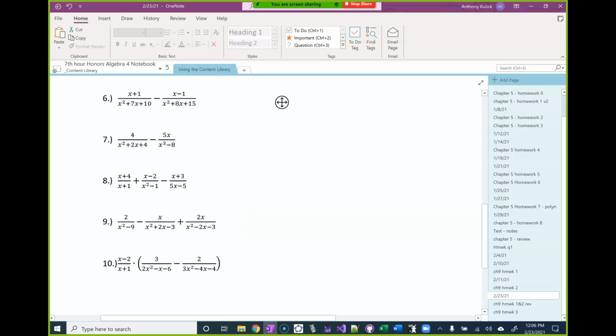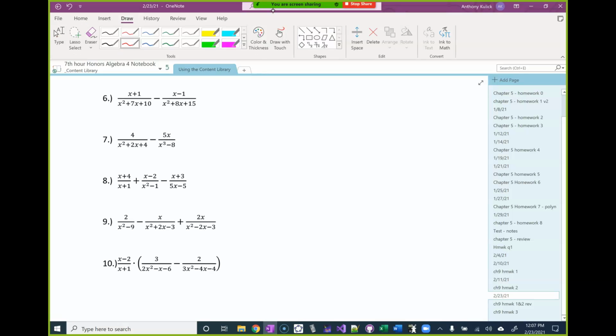Okay. So number 8 here, I'm going to factor the denominators so that I can find a least common denominator. Now x plus 1, there's nothing to do. X squared minus 1, I know, is a difference of 2 squares. And then 5x minus 5, I know I can take out a greatest common factor.